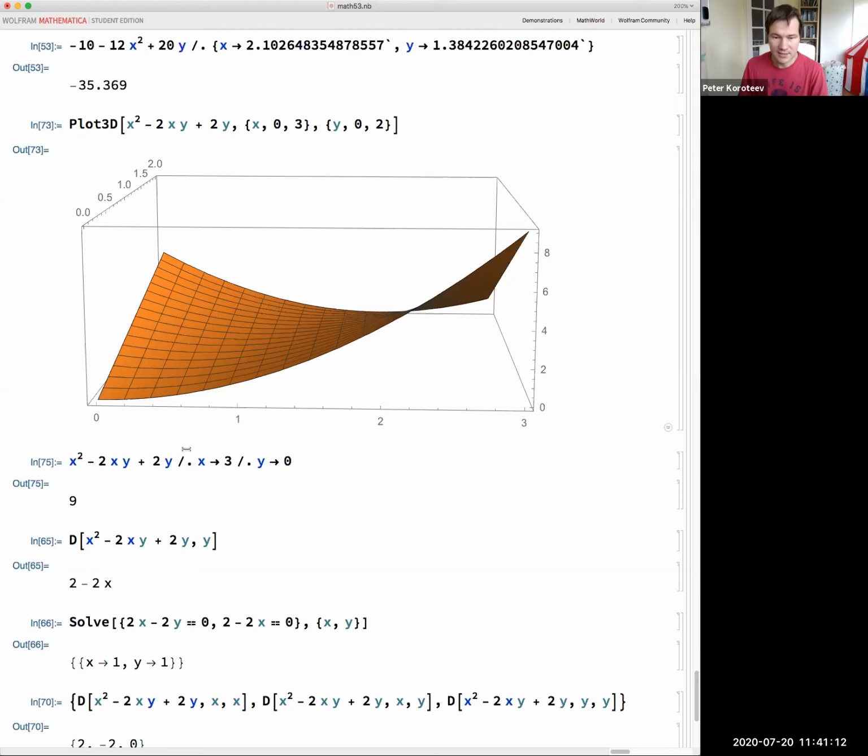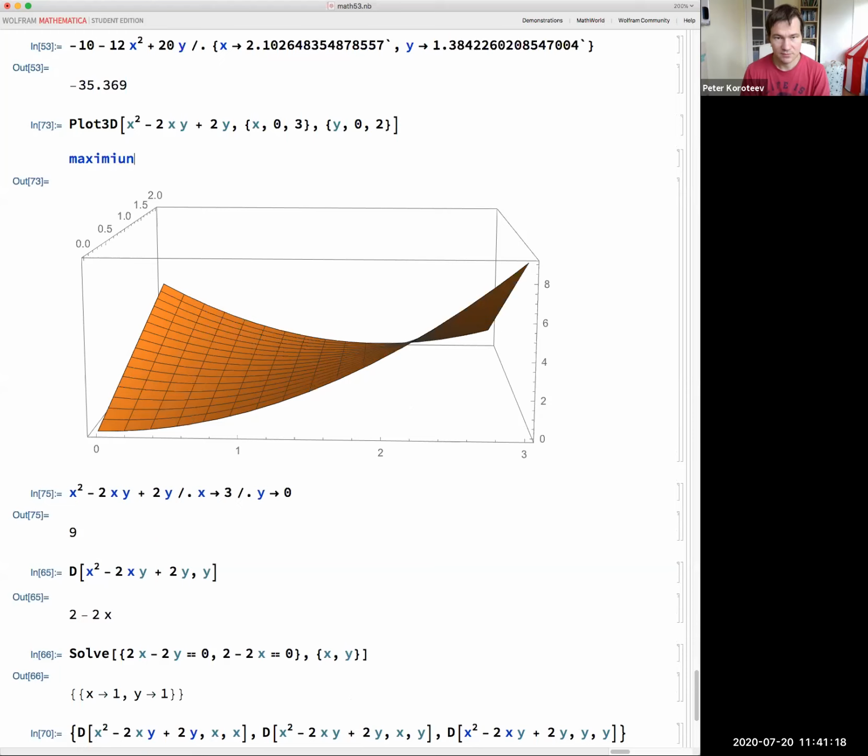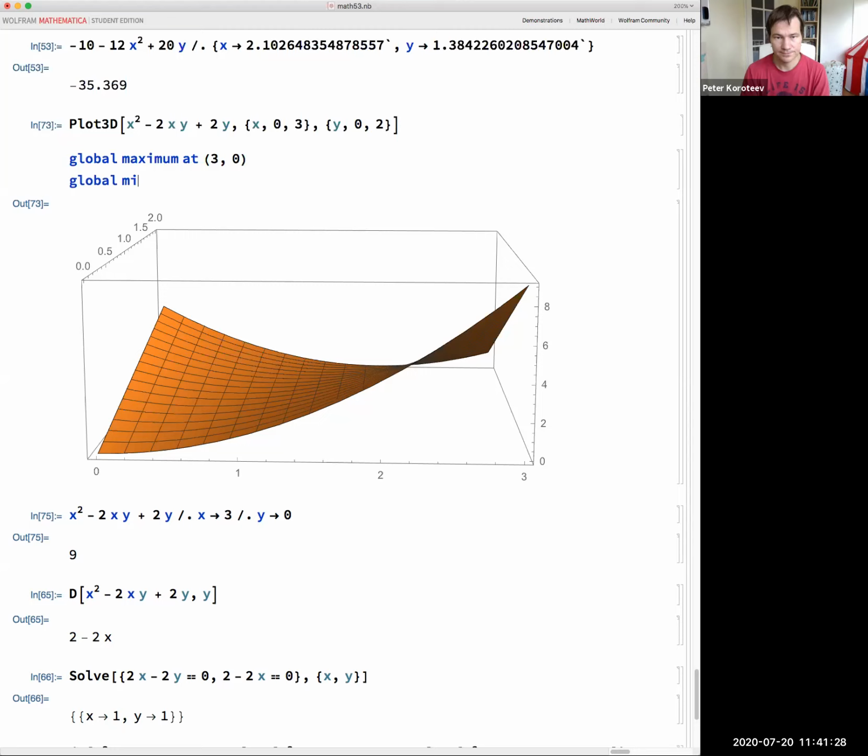So therefore, global maximum at 3, 0, right, and global minimum at 0, 0. Okay. Yeah, so that's the global thing.